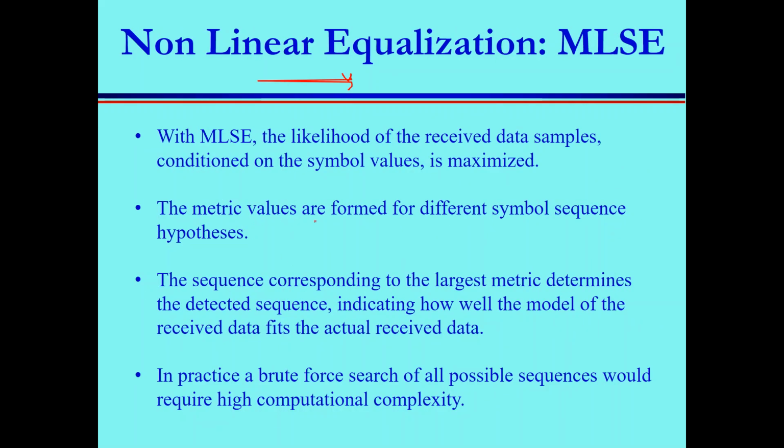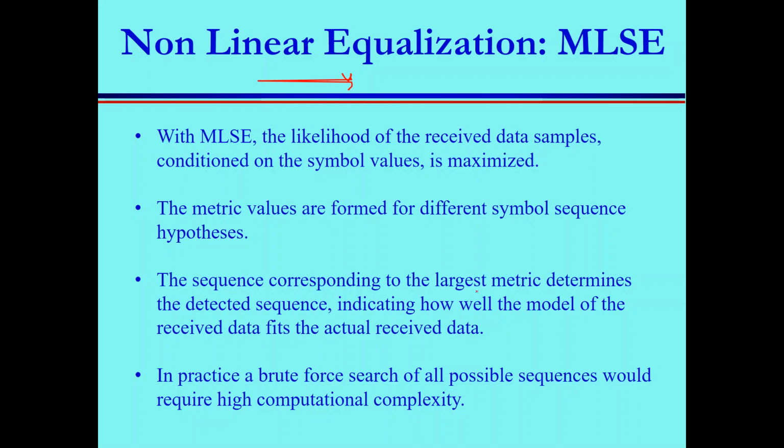The metric values are formed for different symbol sequence hypotheses. The sequence corresponding to the largest metric, whatever that metric is. In the case I explained just now, I used the distance metric, the square difference.